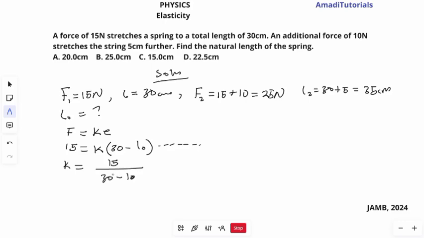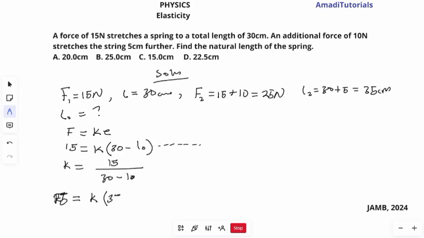Okay? Now we look at the second instance, a force of 25 Newton. The second instance: 25 equals K. K will remain the same because the properties of the spring, the material, are constant. Times the new length, that is, the additional force stretched it to 35 cm.